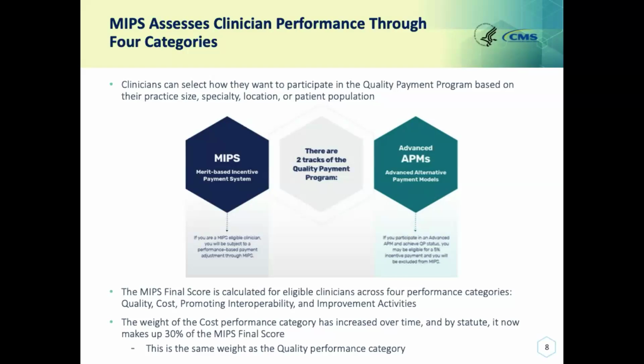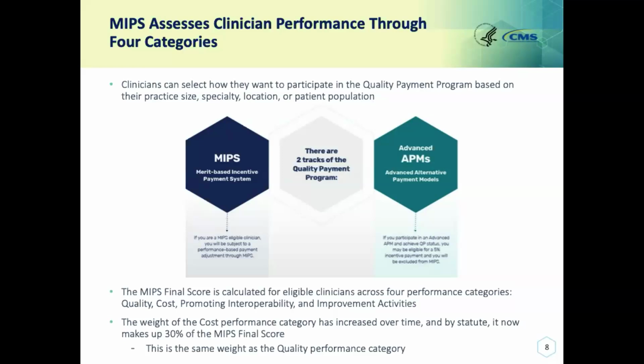Each of the MIPS performance categories has a weight assigned to it. So the weight of the MIPS cost performance category has increased incrementally over time. 2017 was the first year of MIPS, and the cost performance category was 0%. In 2020 and 2021, the cost performance category was set to 15% and 20% respectively, but they were reweighted to 0% and redistributed to other performance categories due to the impact of COVID-19.